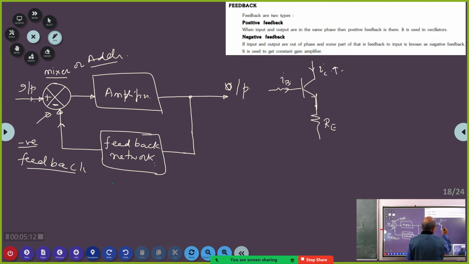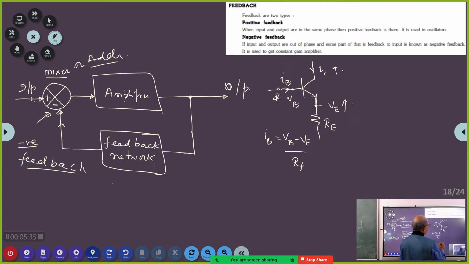Now if the collector current increases, this VE will also increase and VB will not increase. But this IB will now be VB minus VE divided by this resistance. I hope you remember this.